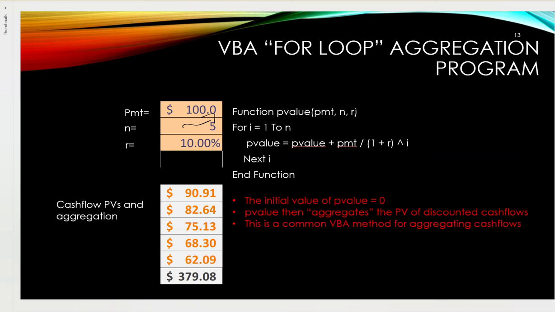In this program, the initial value of p-value is 0, but I didn't have to specify this. You aggregate it by saying p-value equals p-value plus. It's a common way of aggregating. When I run this program for a payment of $100, 5 payments at 10%, it adds up these 5 cash flows and gives you $379.